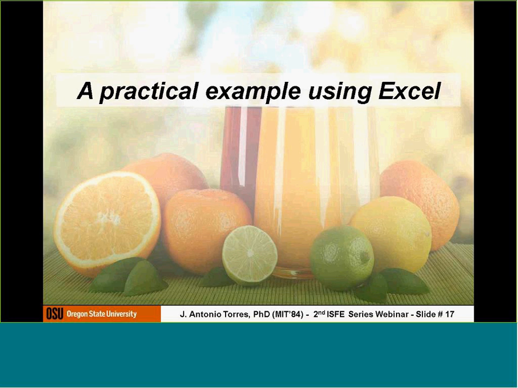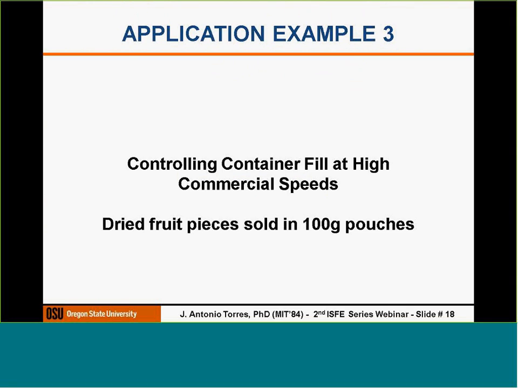An example. I've been going through so many slides, I'm anxious to show you how this is done. This is a very simple example. We're going to try to control the container fill at a commercial speed when you process in a plant.